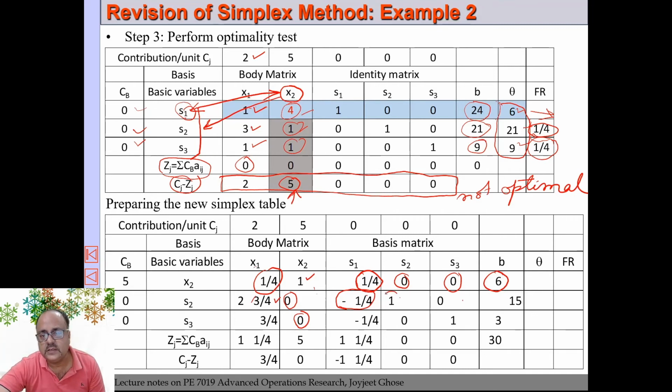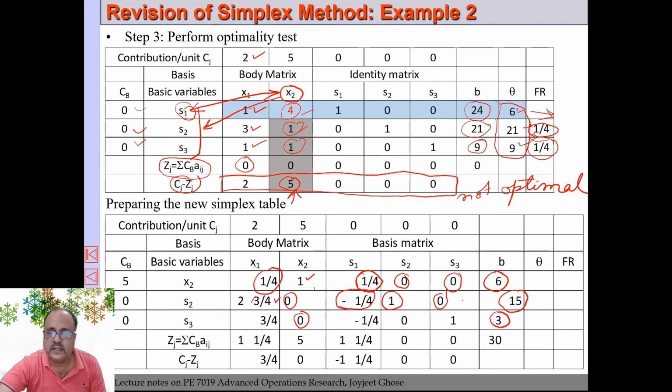So this is 1. So 0 minus 0 into 1 by 4 will be equal to 0. And 21 minus 1 by 4 into 24 is 21 minus 6, that is equal to 15. So likewise, we have found out the third row also. So that gives us 3.